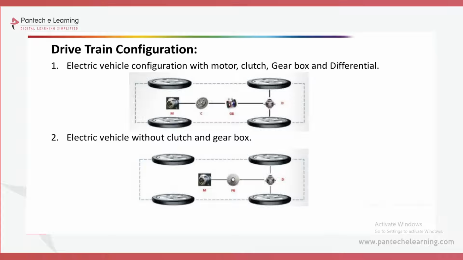Without the clutch and gearbox we can use a simple gear, because we want to move the vehicle front and back. So that time we need the simple gear concept: motor, simple gear and drivetrain.